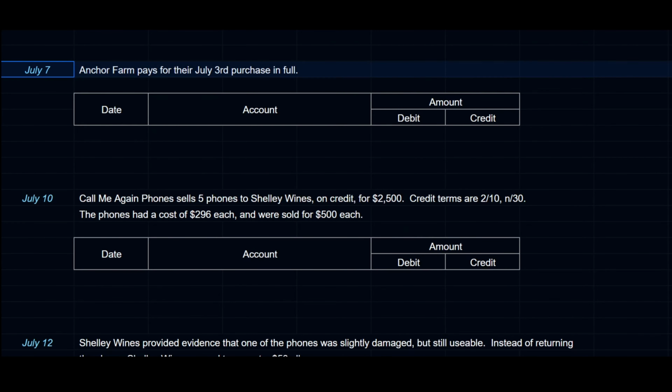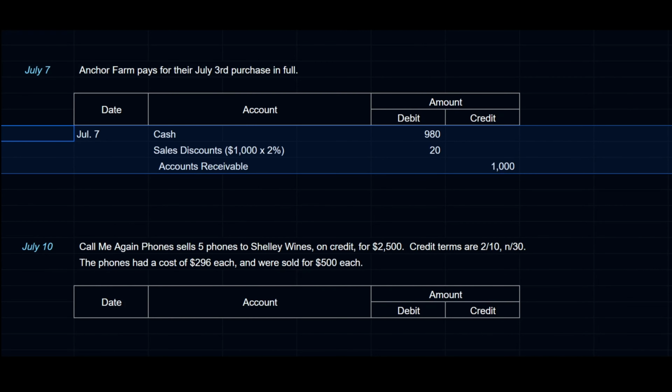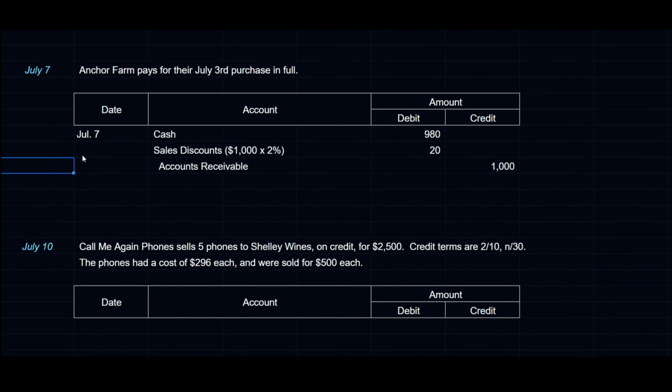Moving on to July 7th, Anchor Farm pays for their July 3rd purchase in full. We should be debiting cash and crediting accounts receivable. The accounts receivable is settled in its entirety, $1,000. We also have to recognize that this was paid and received within the discount period. So sales discounts is part of this transaction.